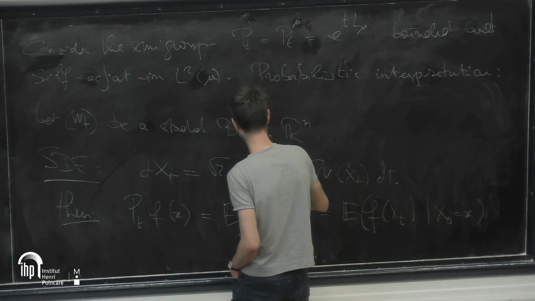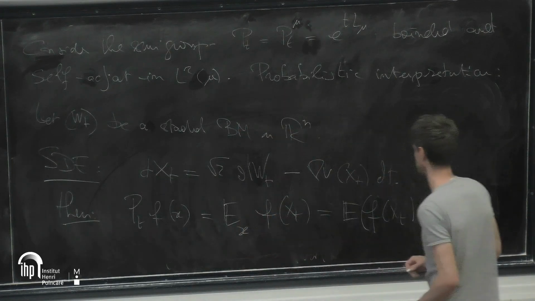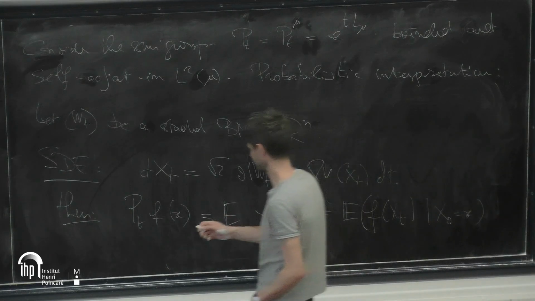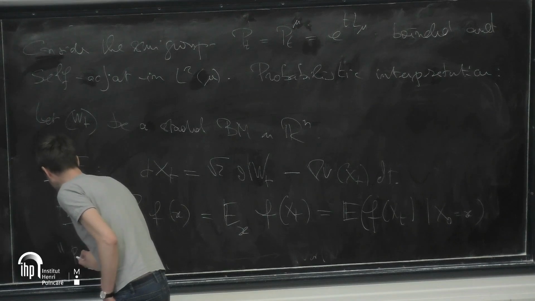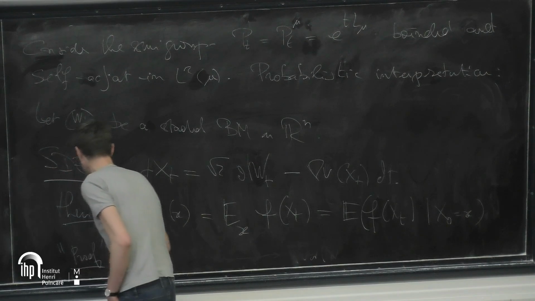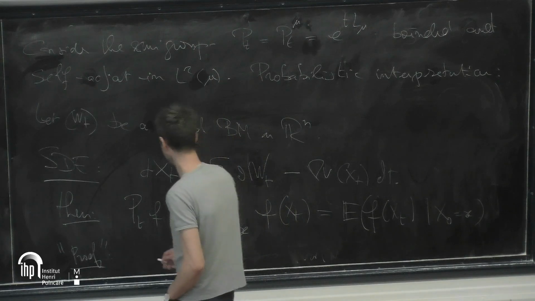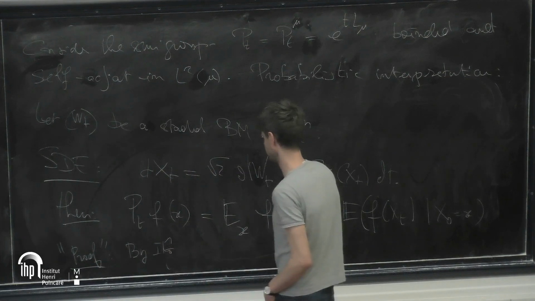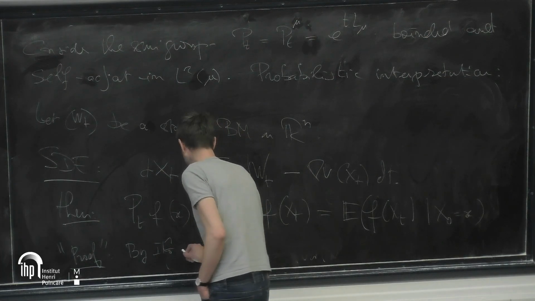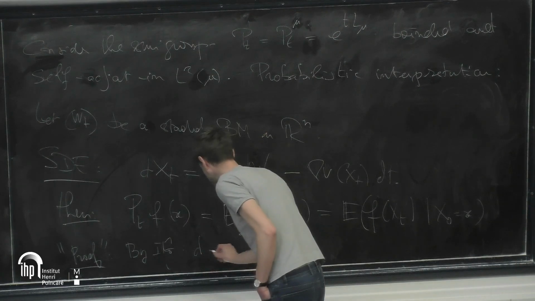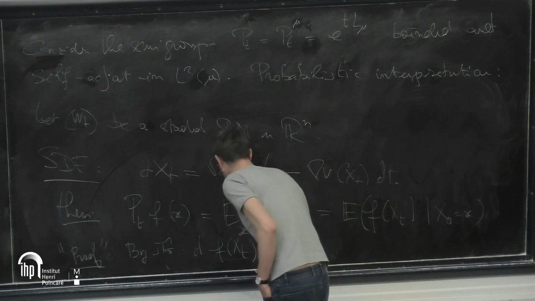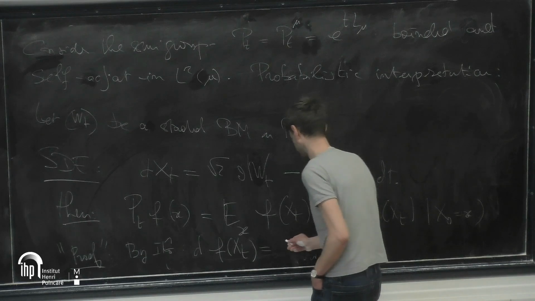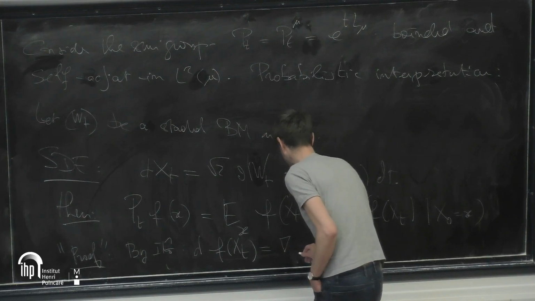Okay, this will be probably a kind of proof. So there are some details that are missing here, but by Ito, if f is nice enough, you will see that when you take the Ito derivative of f at Xt, you have some gradients.